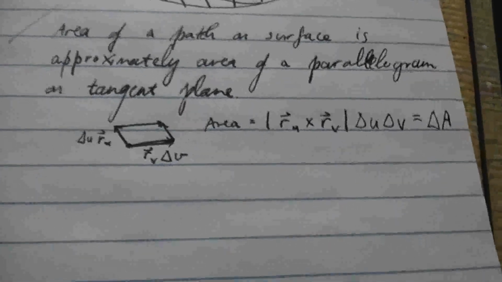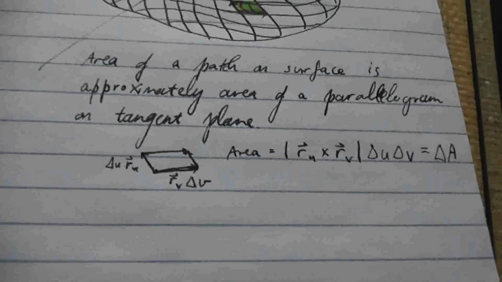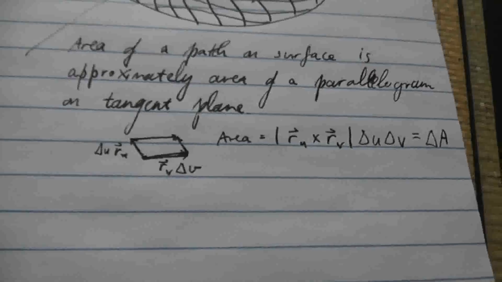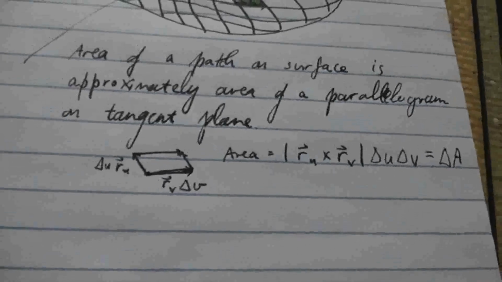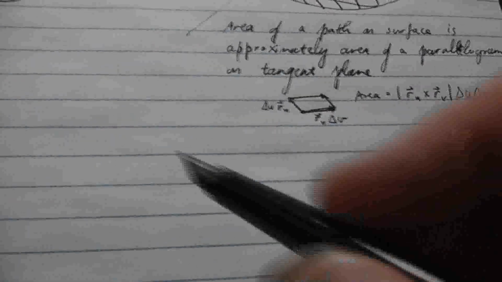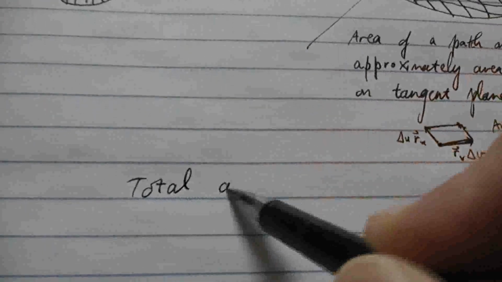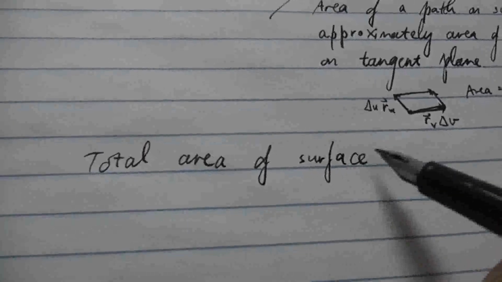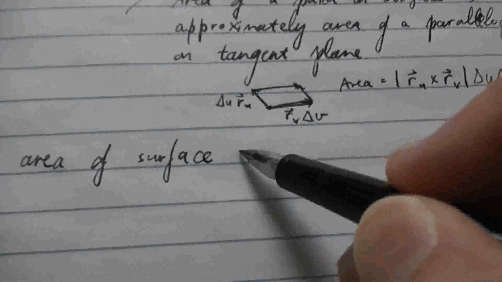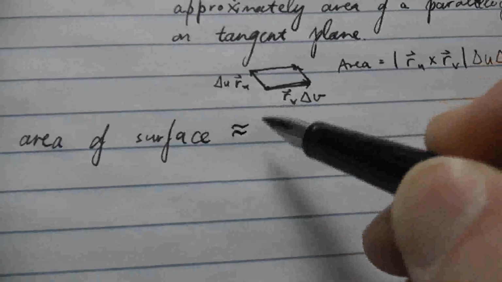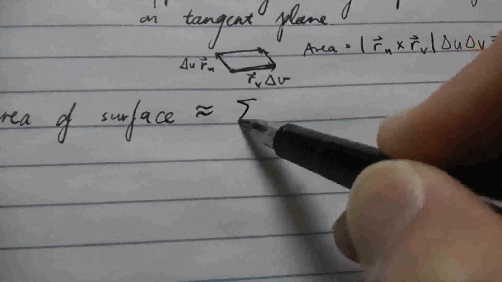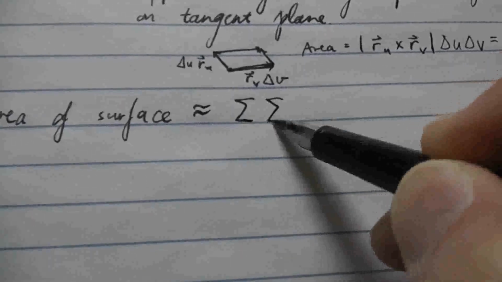Okay, and what we know to do is to add up all these areas, right? That's how we do this. So let's write this down. The total area of the surface will be approximately, so the squiggly equal sign means approximately, the sum over all the little blocks.